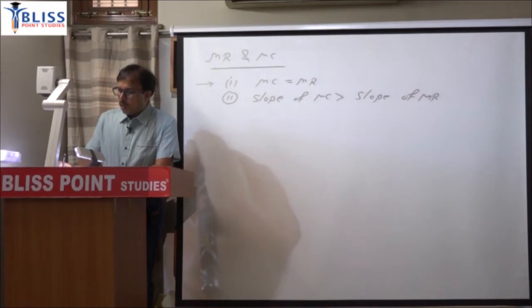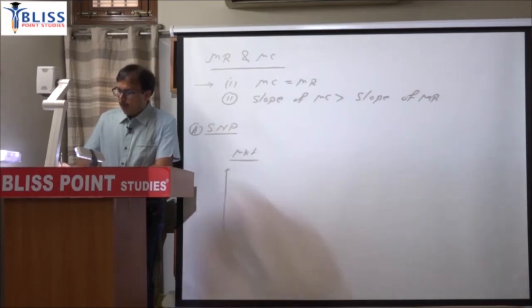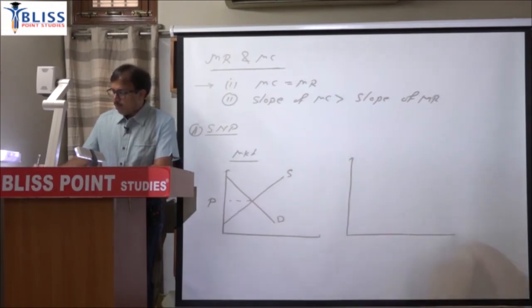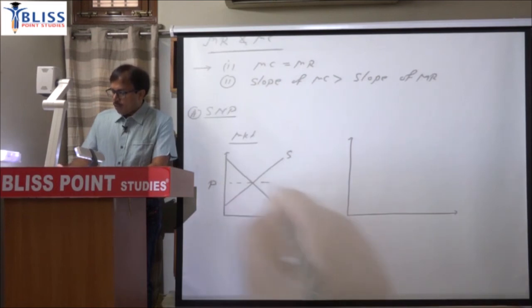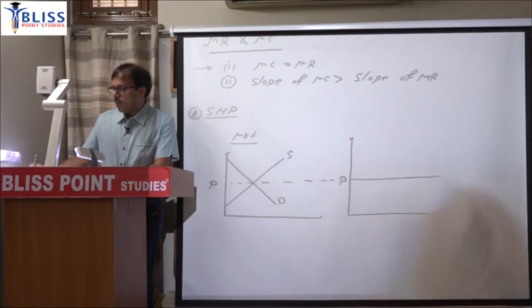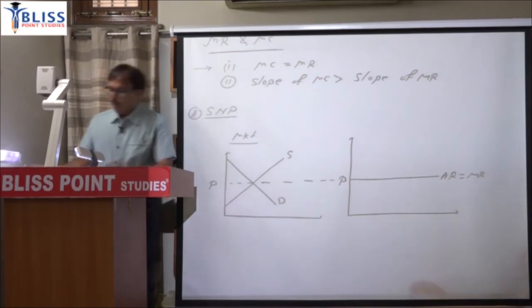And in the short run there could be supernormal profit or there could be loss. So the first diagram is for supernormal profit. Now what you can do, draw one diagram for the market. So the firm is a price taker, draw demand and supply, and the intersection determines price. Since firms are price takers, price will be equal to average revenue equal to marginal revenue, already explained before.